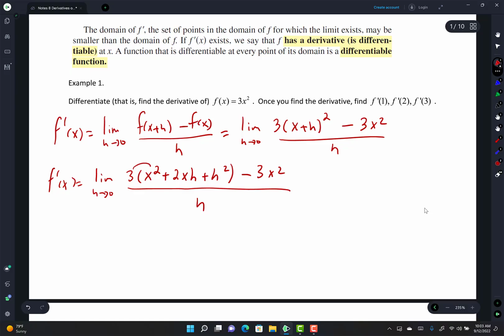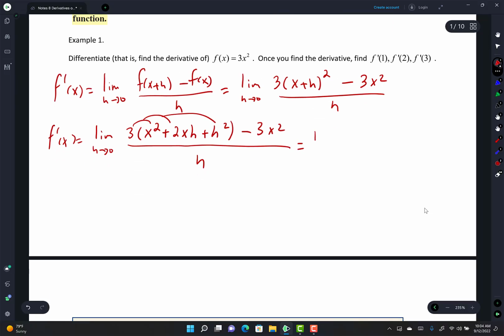Now I'm finally going to distribute these. Maybe I should have done that before I put it in, but that's fine. Limit, I still haven't evaluated it, guys, so continue with the word limit. So here we go. 3x squared plus 6xh plus 3h squared minus 3x squared all over h.